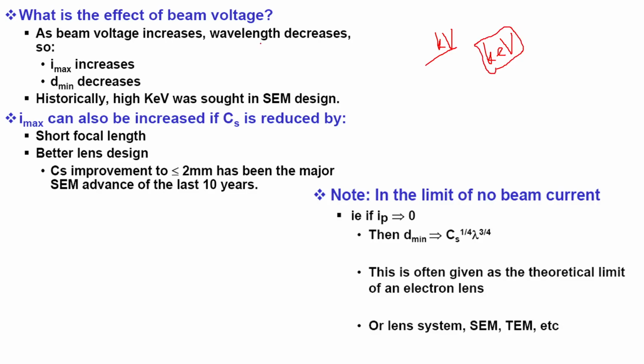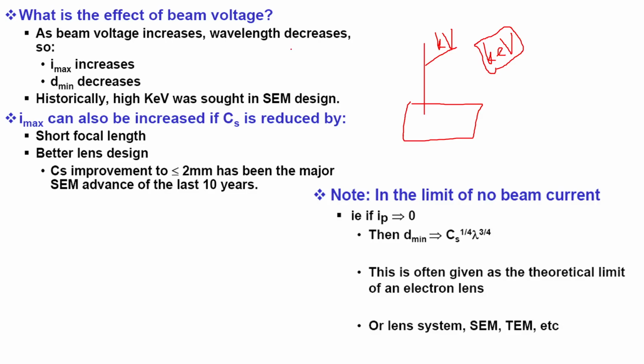So what we were discussing was the effect of beam voltage. As we increase the beam voltage, the wavelength will decrease. Suppose this is your specimen and your electron beam is coming from here, it will have certain interaction with the specimen.